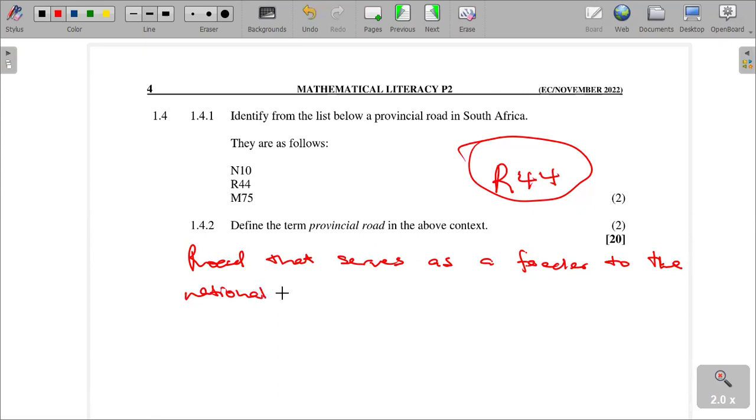Obviously, you can see that on our basic scale, province links to the national. From provincial, we go to national. So it is a road that serves as a feeder to the national road. That is a provincial road.